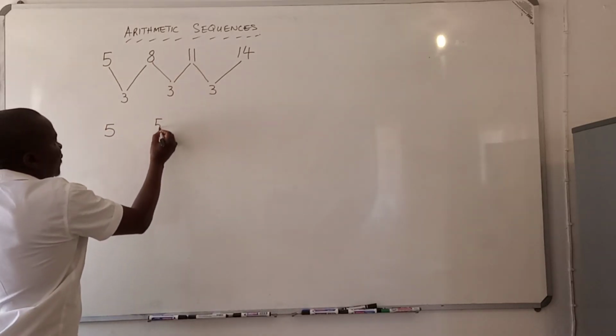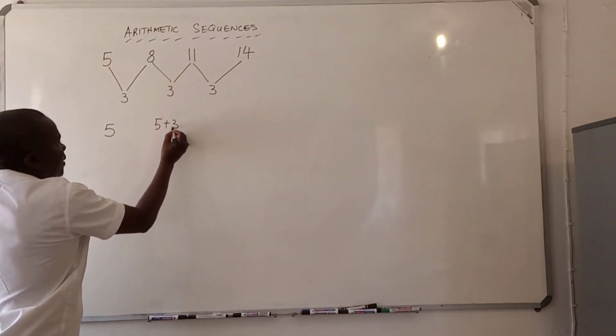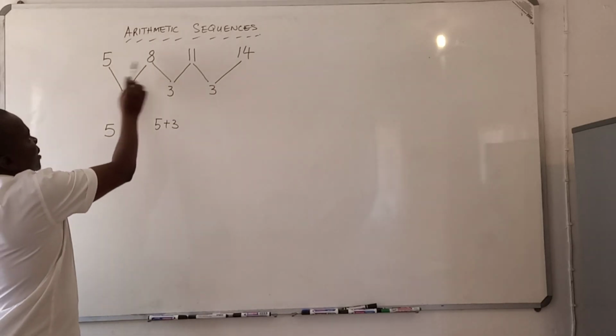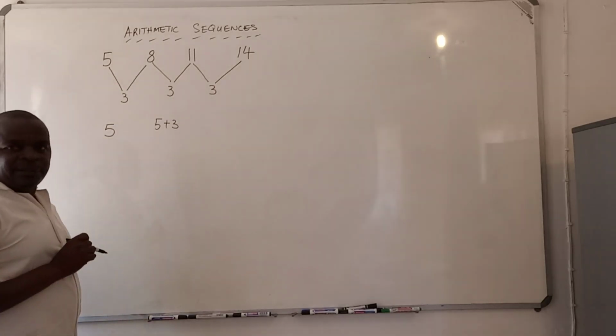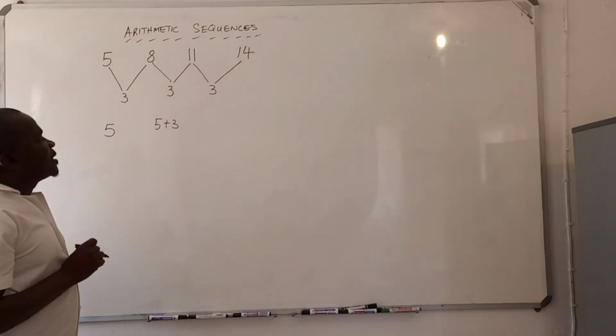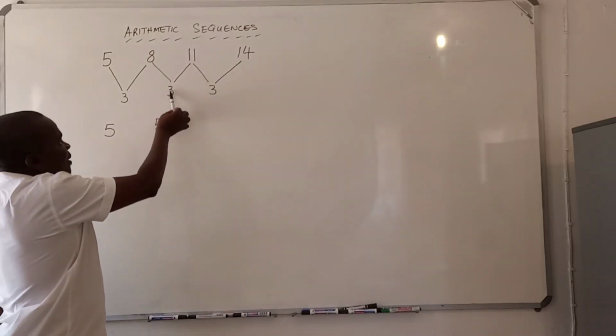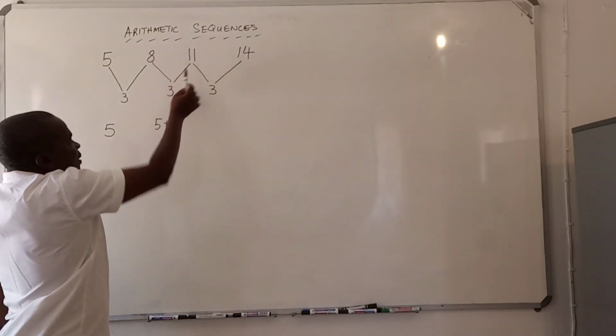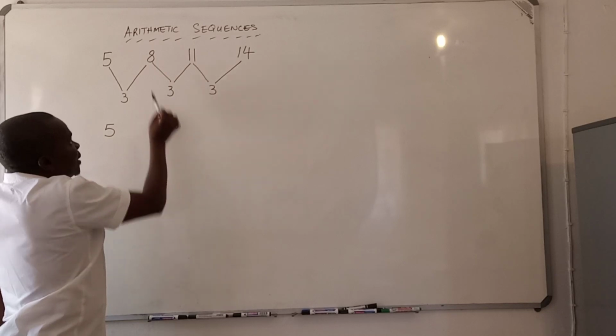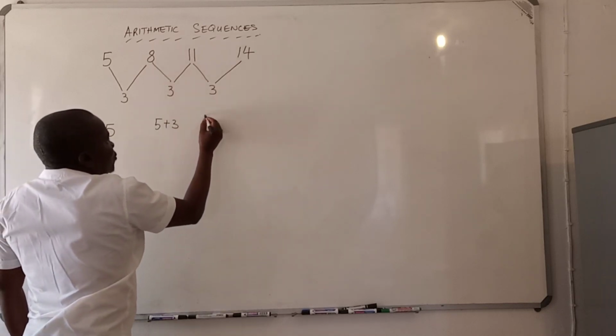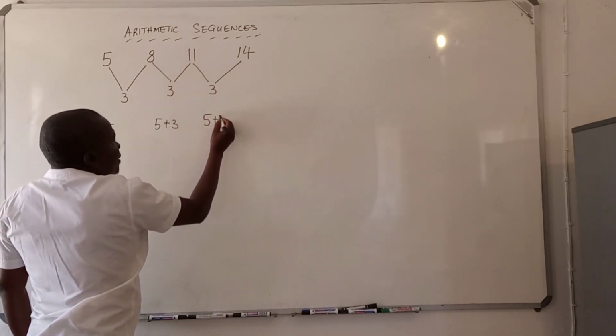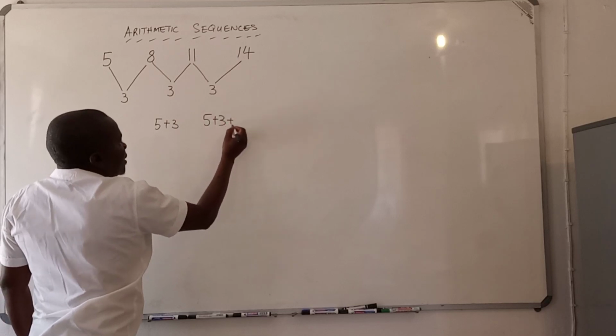It is now 5 plus 3. Remember, we got this 8 by adding a 3 there. And the next term is 11. We added a 3 to 8 in order to get 11. So this is the current 8. Now to get 11, it will be 5 plus 3. This is our 8. We add 3 again.